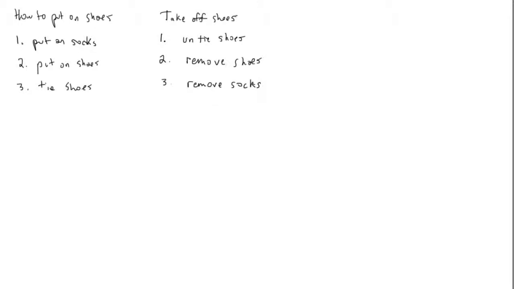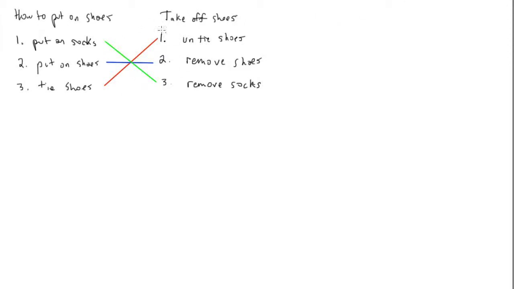So we might draw this as something like the tie shoes operation went with the untie shoes. The put on the shoes went with the remove the shoes. And then lastly, the put on the socks went with remove the socks.